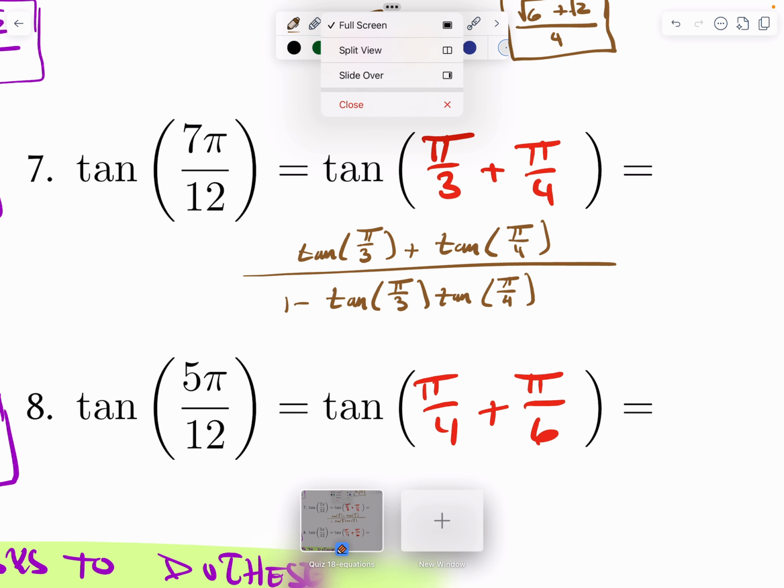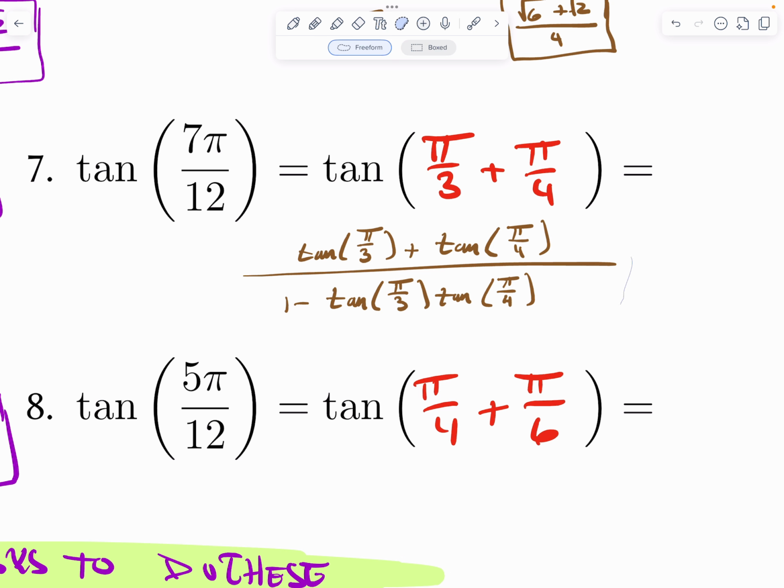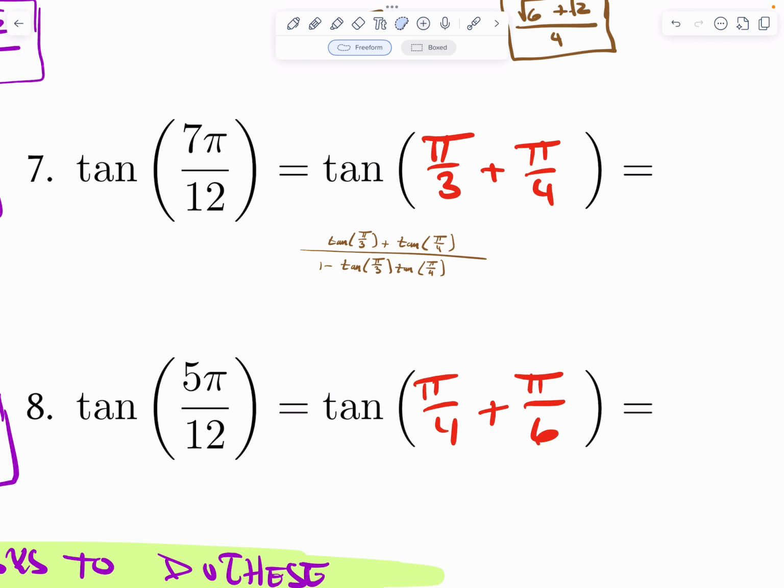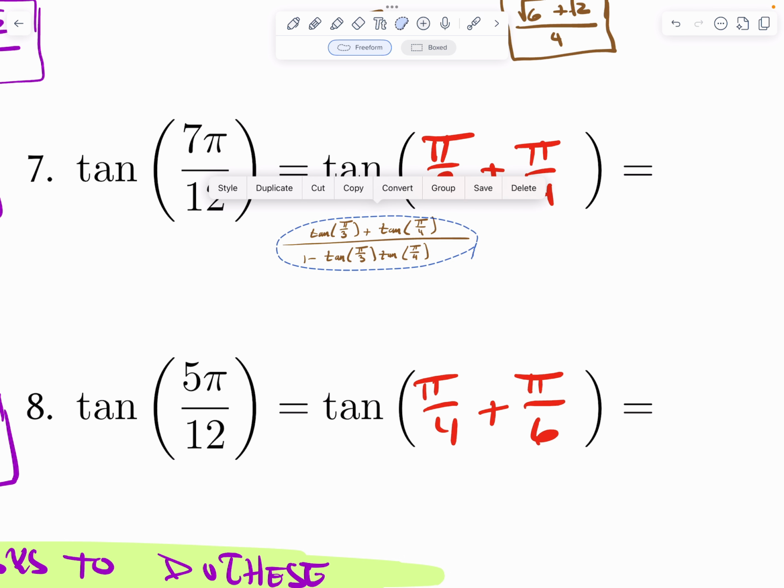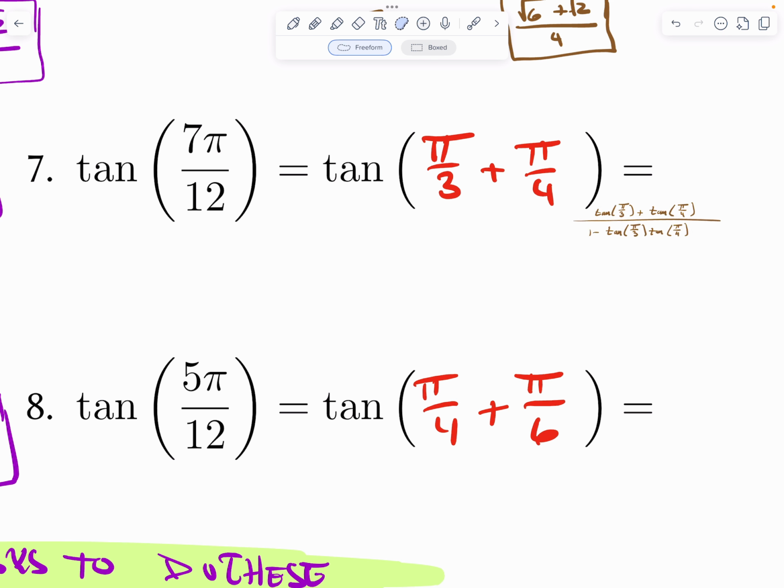Okay, let's box this baby up, shrink it down. There we go. Maybe there. Good enough. Okay, so what's that?